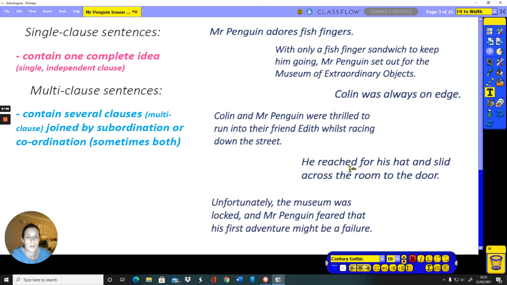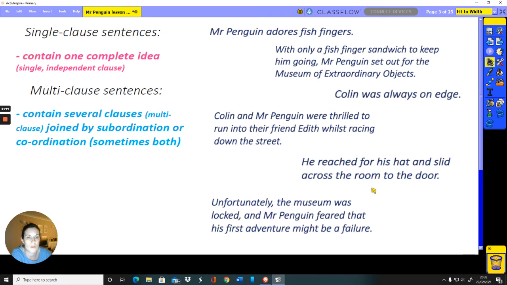Okay, this one here. He reached for his hat and slid across the room to the door. So that one is a multi-clause sentence. We've got he reached for his hat and slid across the room to the door. It's very interesting though, this one, because he reached for his hat stands on its own. If we take out the and and read slid across the room to the door, what would be missing?